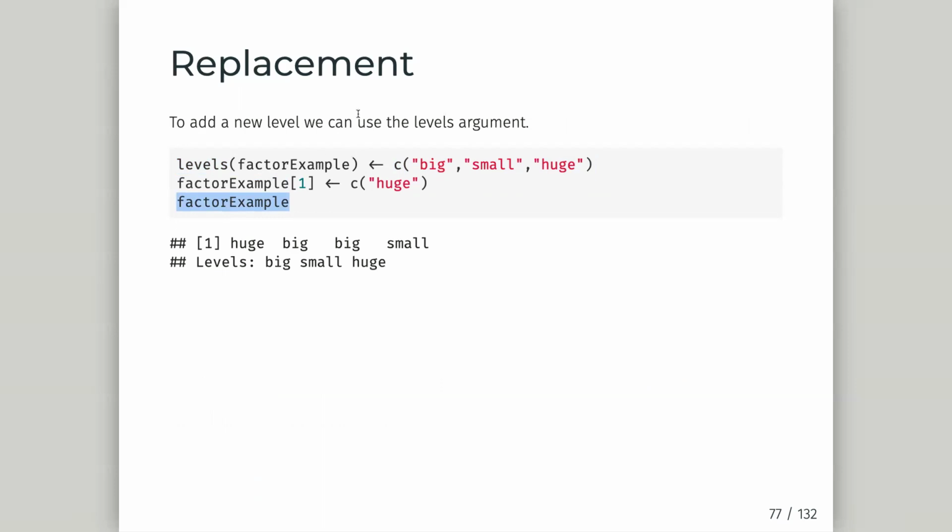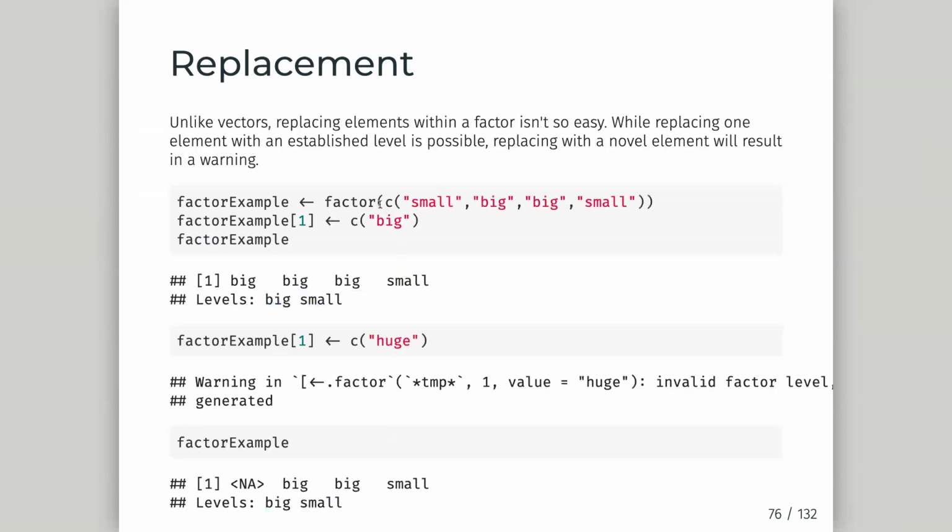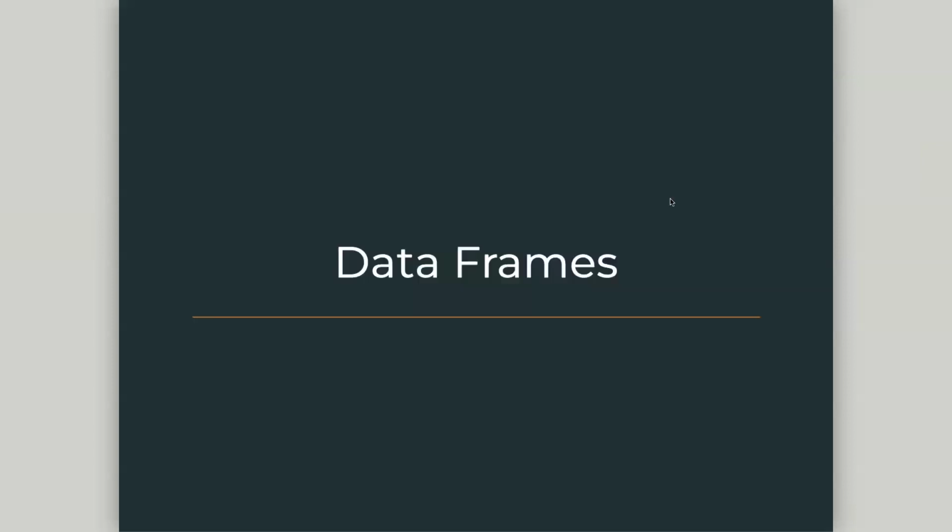So any values within this factor need to be within the levels. Naturally, when you create factors like this, it's going to have all the levels. It's when you start to update it with new values which weren't there originally that it's going to give you that. This actually became a problem in data frames. We're going to see in this next slide why it becomes a bit of a problem.